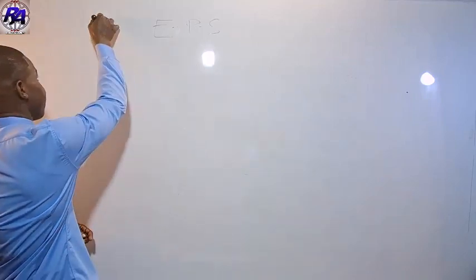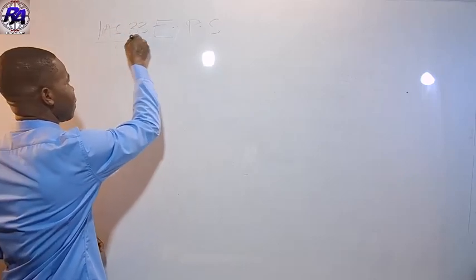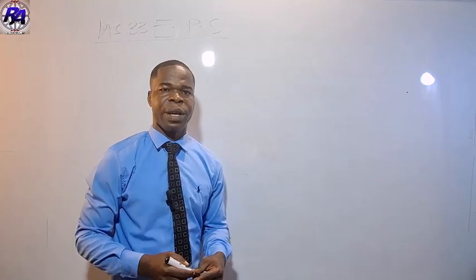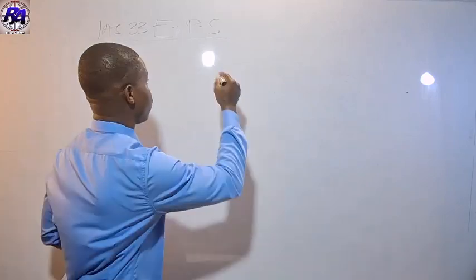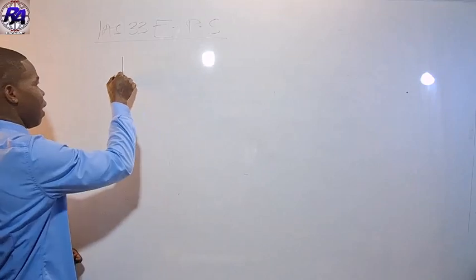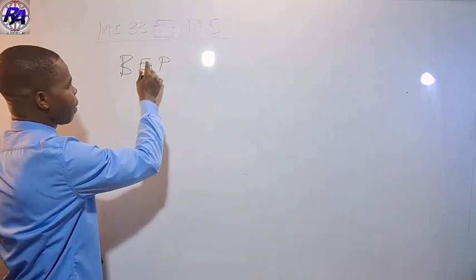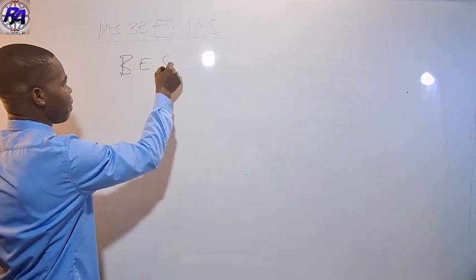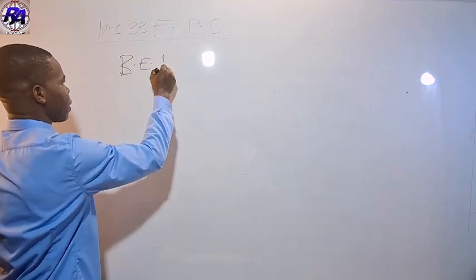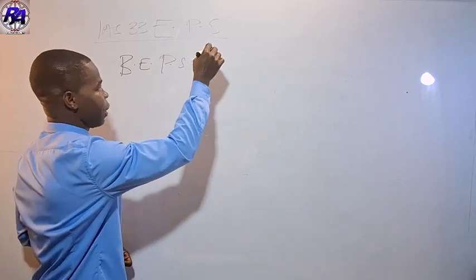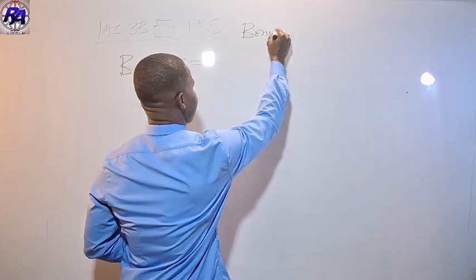So, we have IAS 33, accounting for earnings per share. Like I said, today our focus is going to be on how to determine our basic earnings per share, earnings per share when there is a bonus issue.